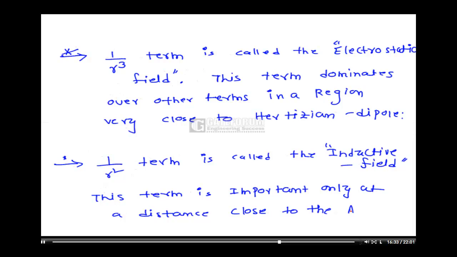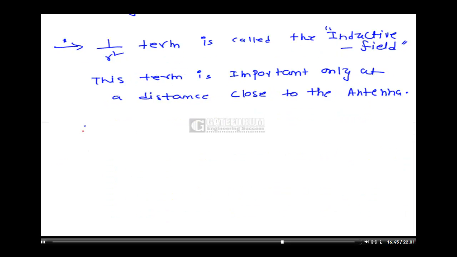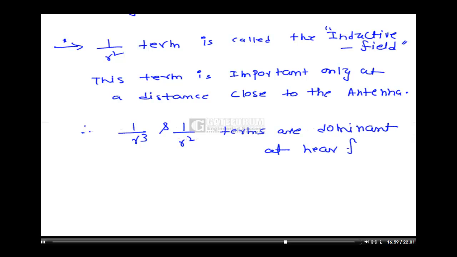So this term is also dominant very near to the antenna. Therefore, we can say that the 1 by r cube and 1 by r square terms are dominant at a near field.